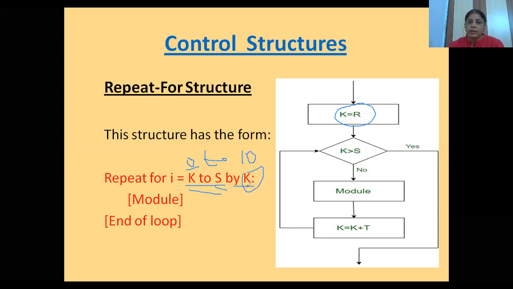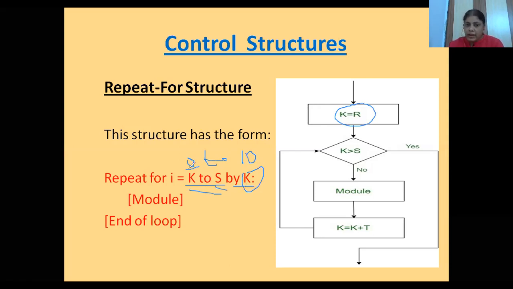So it is incremented by 1. If you are writing from 1 to 10, so k is your 1, so every time it is incremented by 1. But if I am using 0 to 10, then I cannot use k is equals to k here, means every time it has to be incremented minimum by 1.